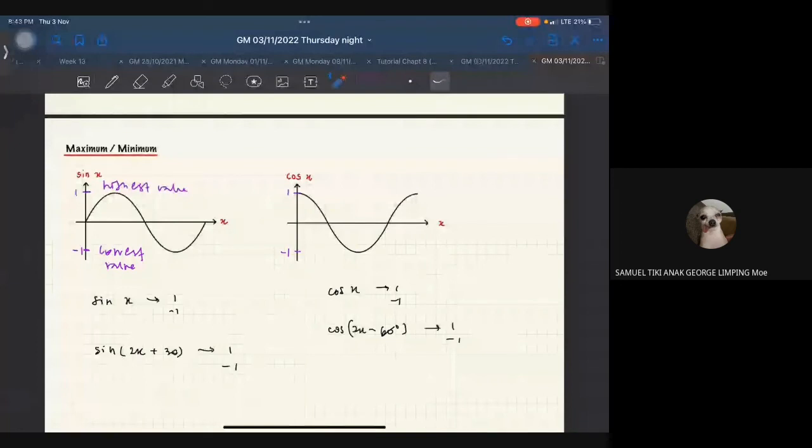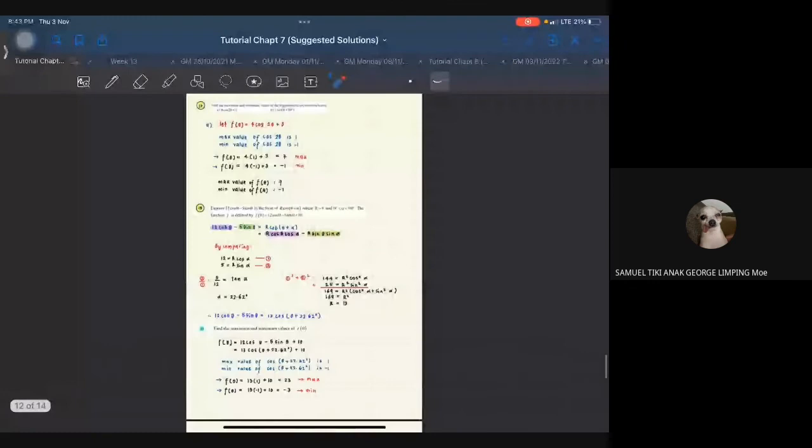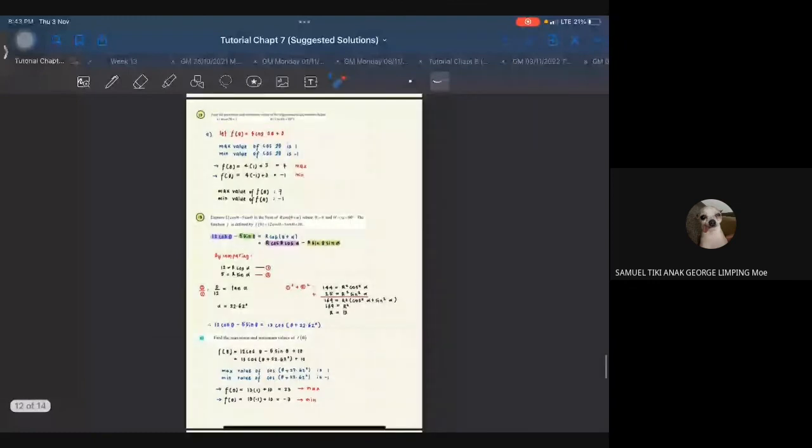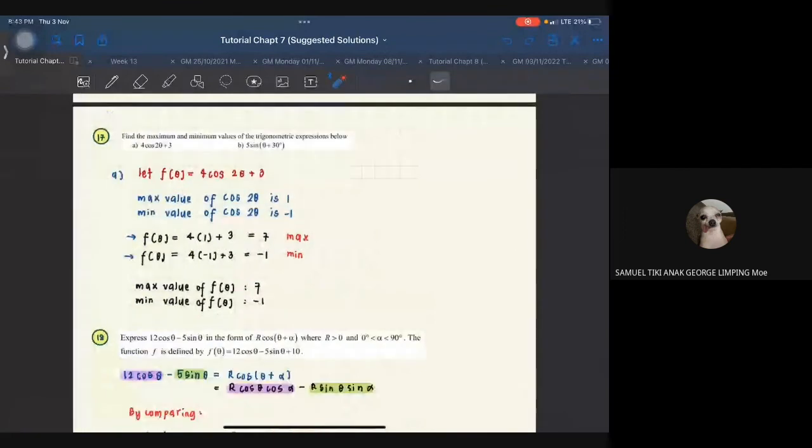Saya dah buat dalam 18. Okay, so tengok soalan 17 terus. Okay, so saya terlepas pandang. Saya terlupa nak buat. Dia terskip the maximum and minimum values of the trigonometric expression below.